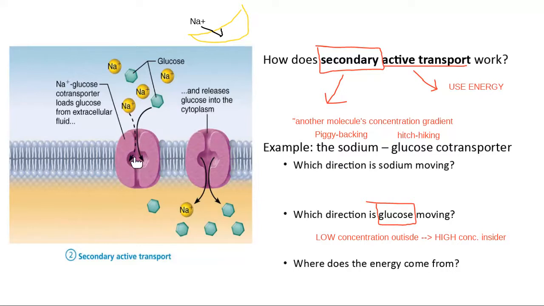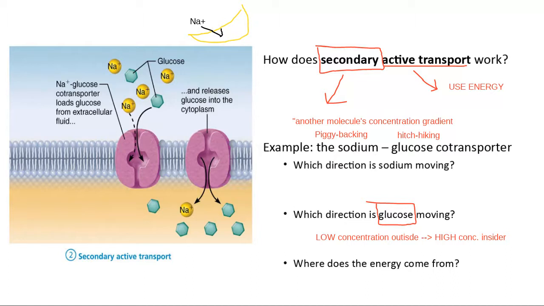So glucose and sodium both attach to this carrier protein. It opens up inside and lets both of them inside. It doesn't take energy for sodium to go in because sodium wants to. There's a ton of it outside. But it is going to take energy to get that glucose to come inside because there's already a lot of glucose inside.